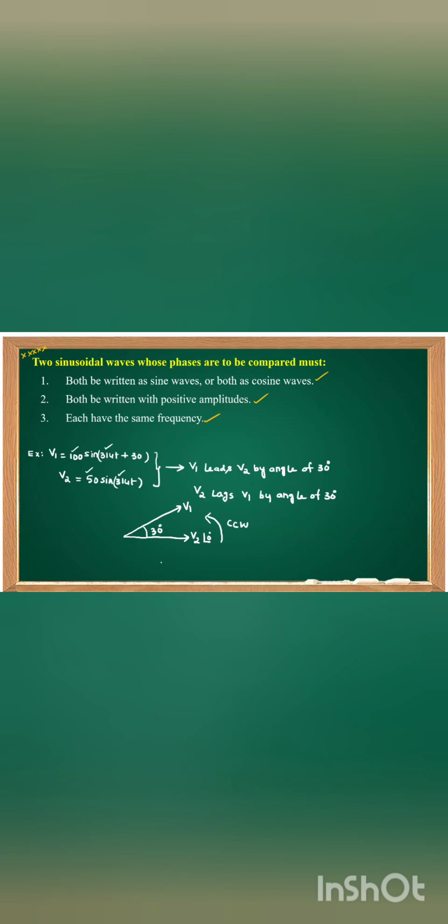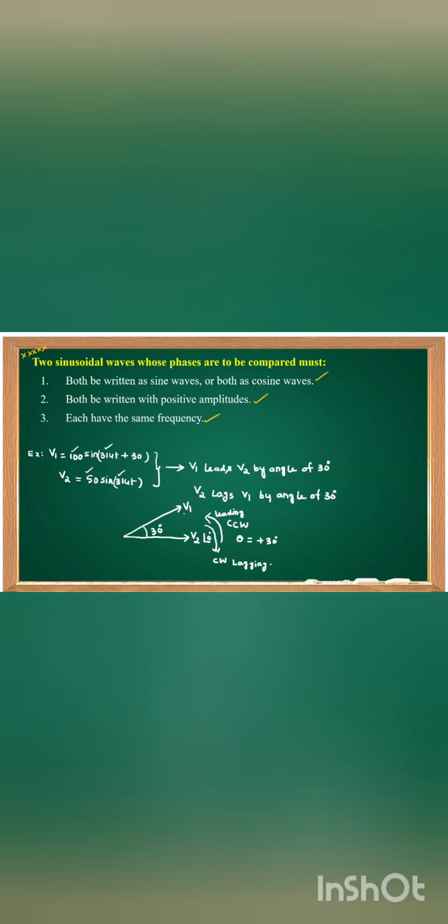Lagging, you have to take in the clockwise direction. If you are measuring the angle in the counterclockwise direction, you take the angle as plus 30 here. Angle leading means counterclockwise. Lagging is measured in the clockwise direction.